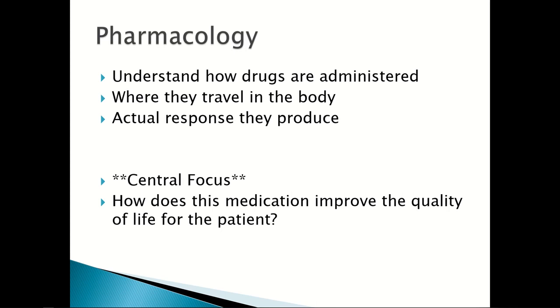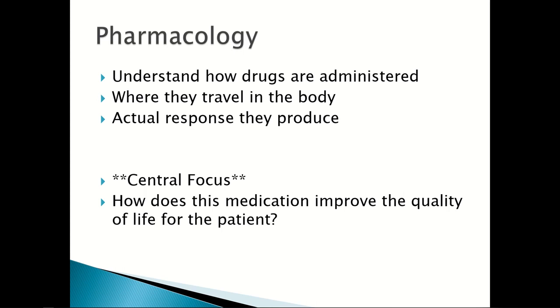We always want to give medications with the thought process in mind that this medication is going to improve this patient's quality of life. Now, I know some of you are probably pulling from personal experiences, like, well, I had a grandmother or a mother who had cancer, and the drugs they gave her were just awful. They lost their hair, they were nauseated all the time, they had all these horrible side effects.